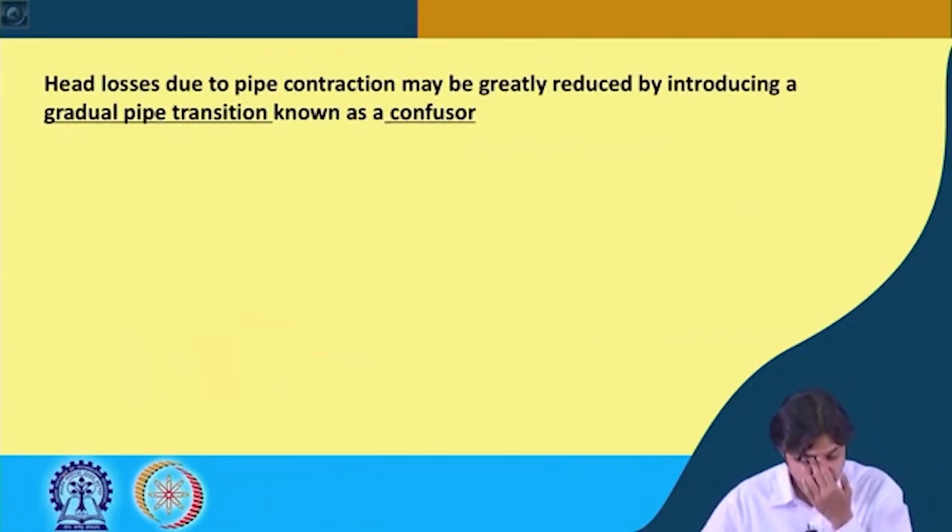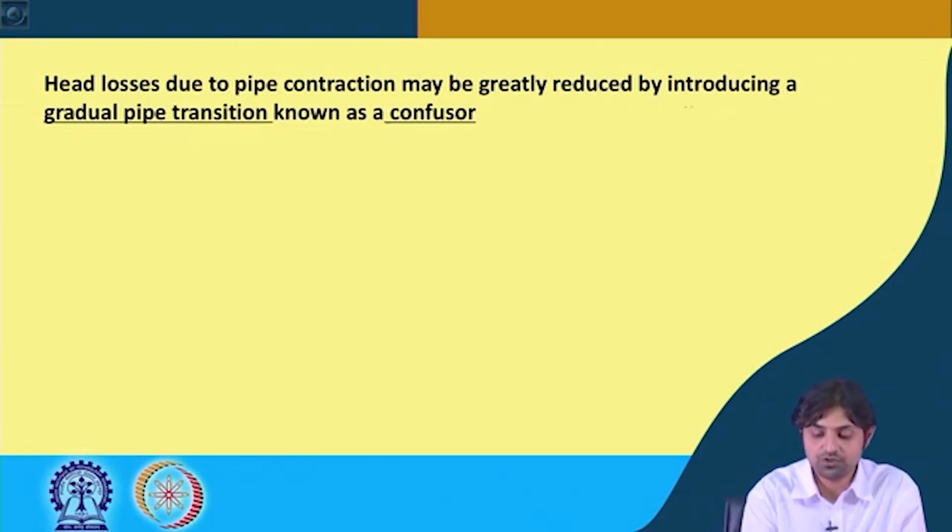So, head losses due to pipe contraction may be greatly introduced. Due to sudden contraction there is going to be head loss. Now, our aim as an engineer is to reduce those head losses, correct, and that can be done by introducing a gradual pipe transition called confusers.